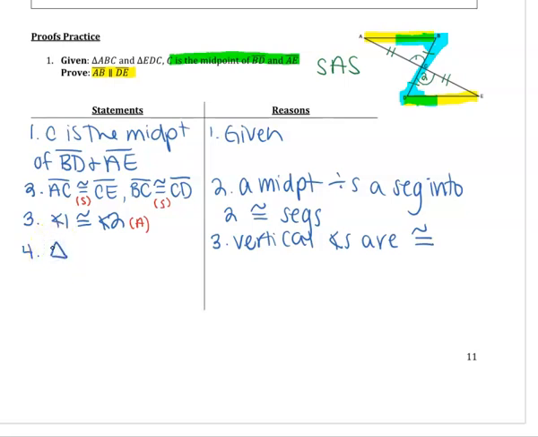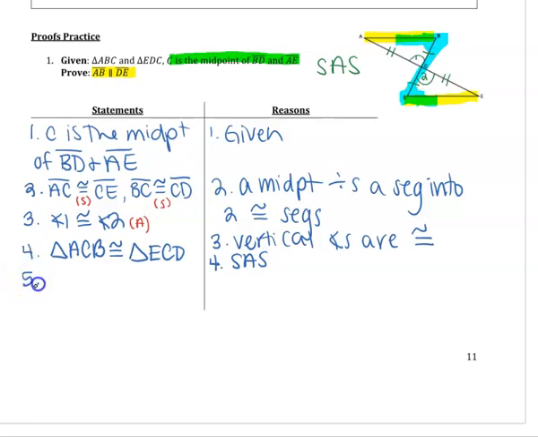Now make sure you say it in the correct corresponding order, meaning side AC corresponds to EC and CB corresponds to CD. So I'll say triangle ACB is congruent to triangle, now again following that correspondence, ECD. And that's by side angle side.